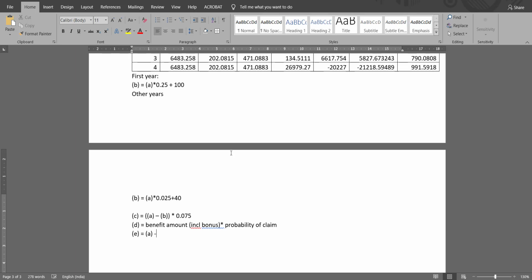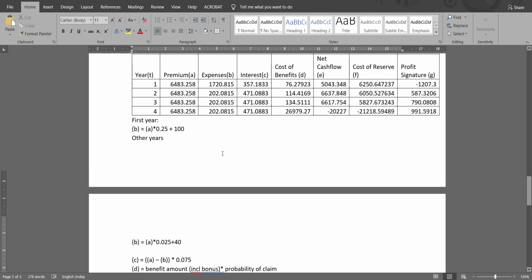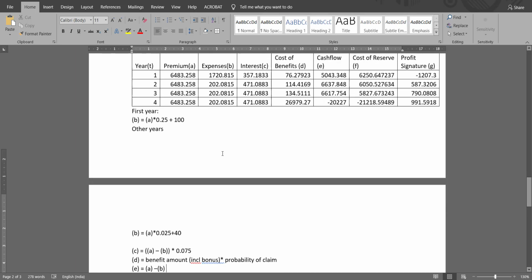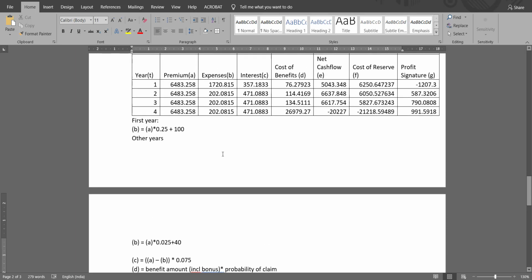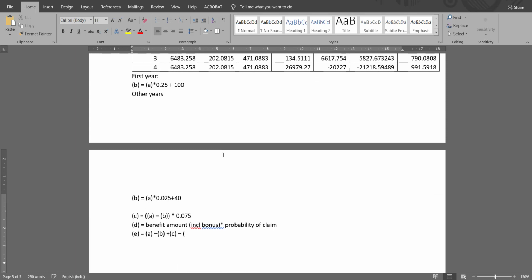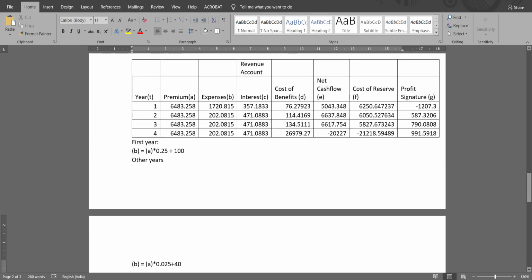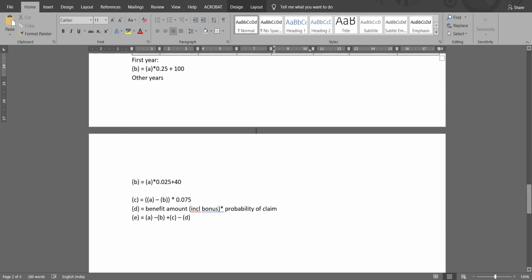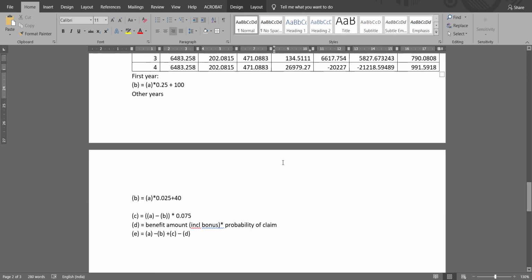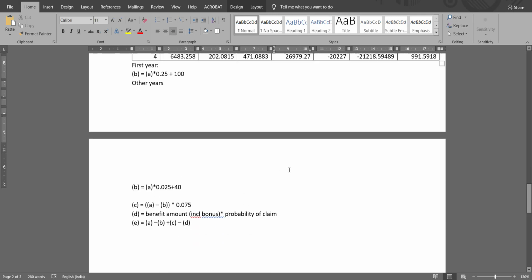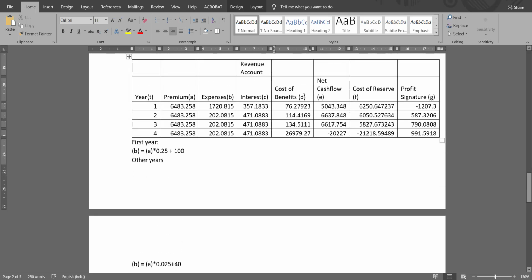So E is A minus B plus C, then you have minus D. Okay. And yeah, these things you can write in negative directly, so that it's known. No need, we are explaining in notes. Okay, so you have D and net cash flow is here. You have your cost of reserve, which is F. So this is done.